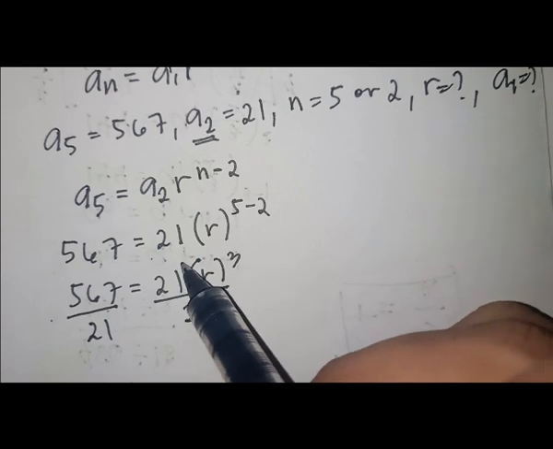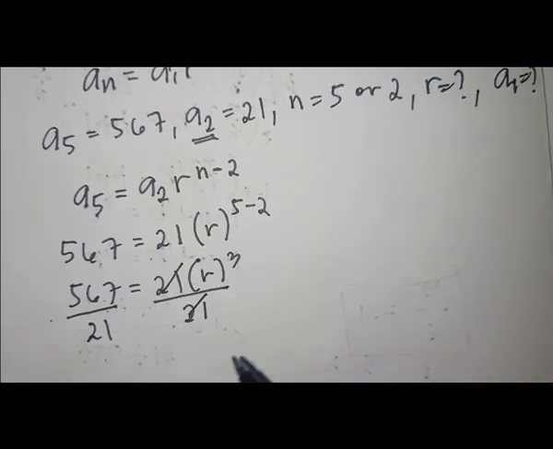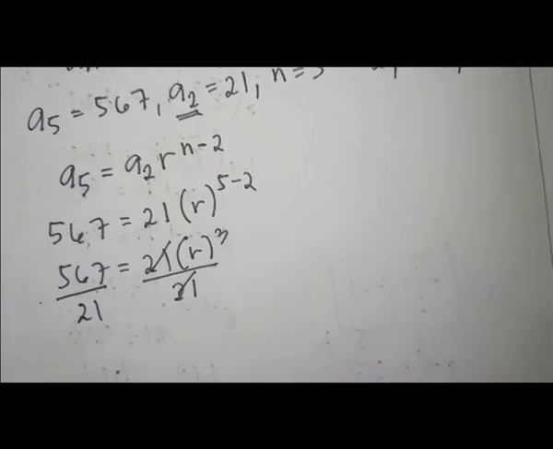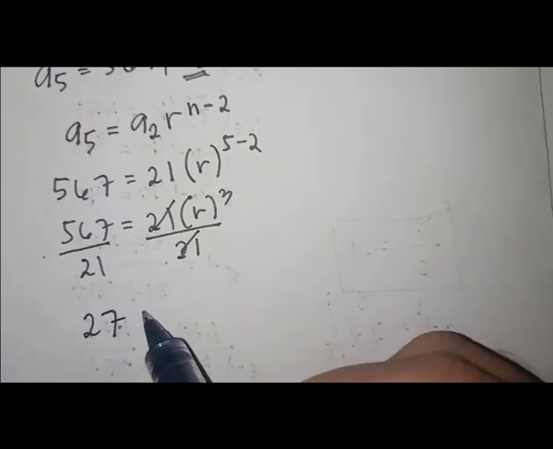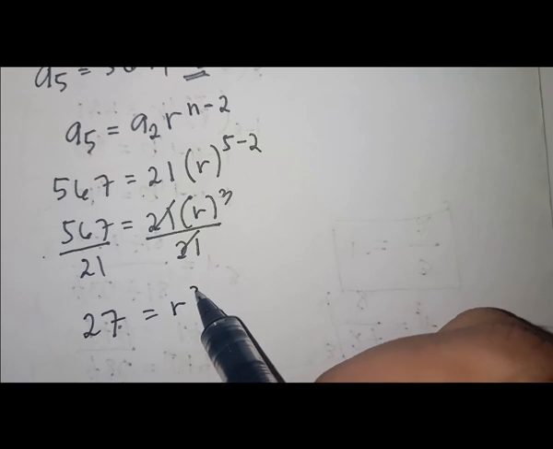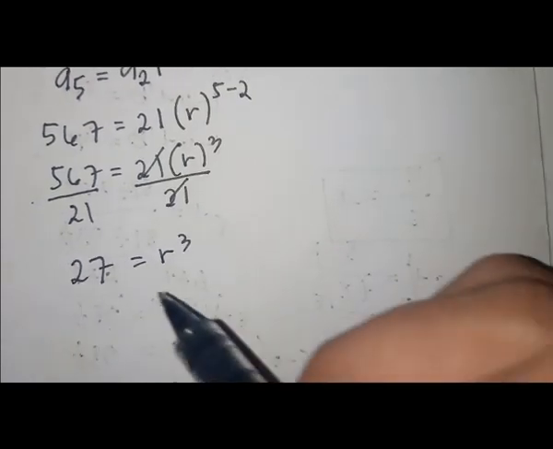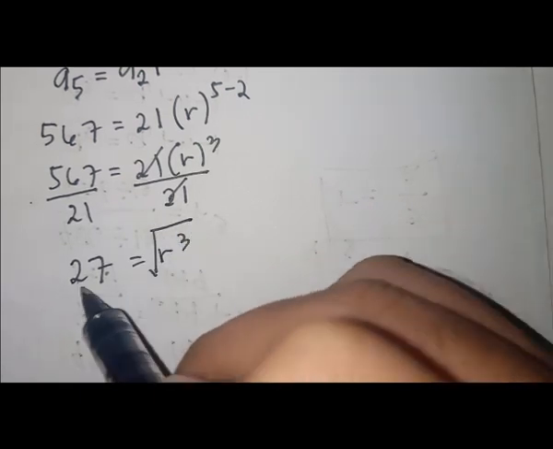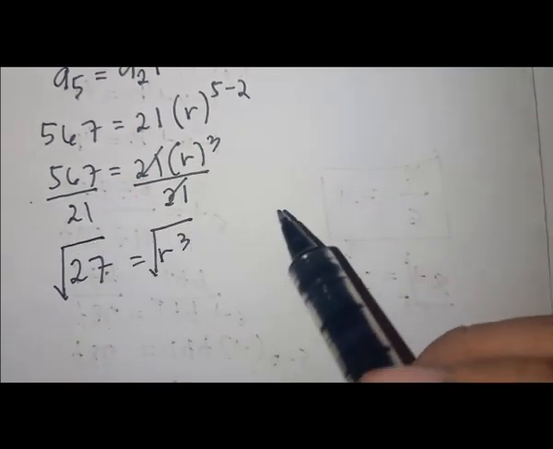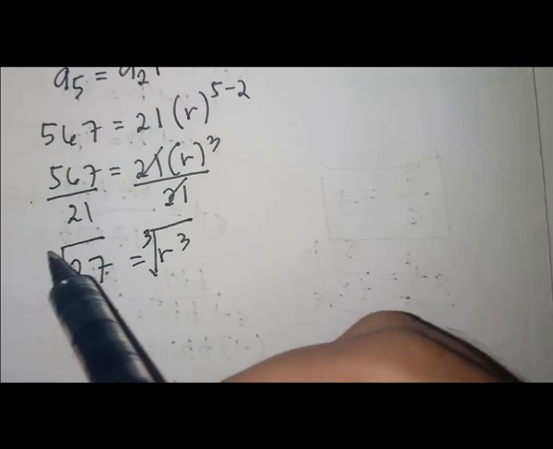So, divide muna natin both sides by 21 para yung r na lang yung matitira. Okay, so cancel natin yung 21. So, 567 divided by 21 will give you 27 equals r cube. Then, after this, kunin natin yung cube root both sides para makuha natin yung value ng r. Okay?